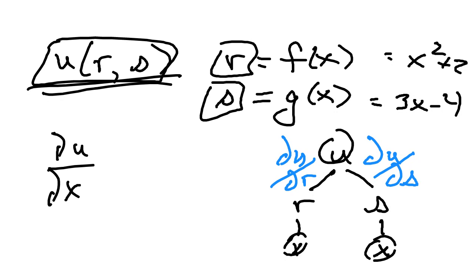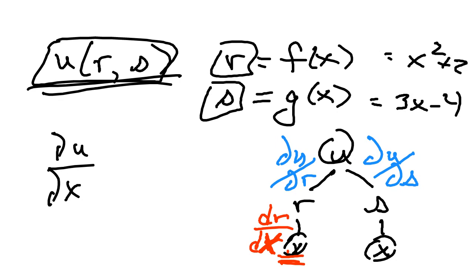If I have r equals x squared plus 2, the derivative of r with respect to x is just 2x, right? And that is just a direct derivative. It is not a partial derivative. So this would just be dr dx, not written as a partial, okay? Because there's only one variable here, so we don't have two different parts like we did above with the r and s. We only have one piece, one branch coming from that.